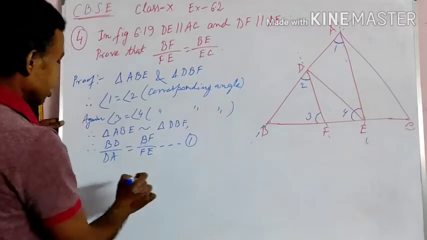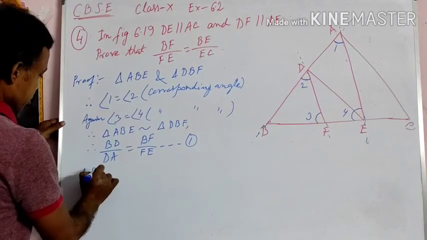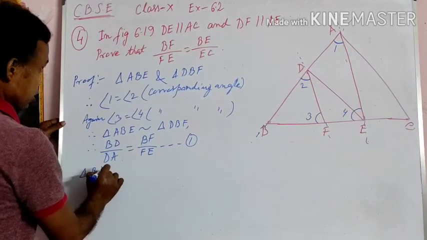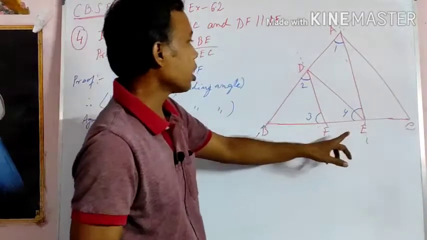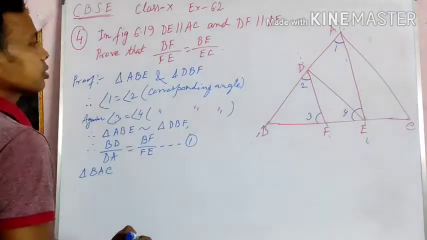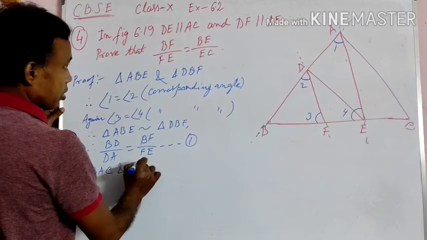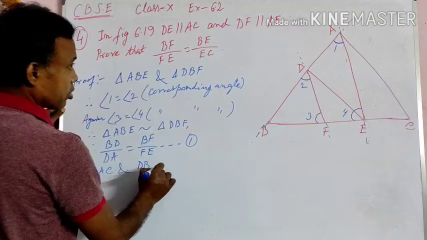Now take two triangles, triangle BAC and triangle DBE.